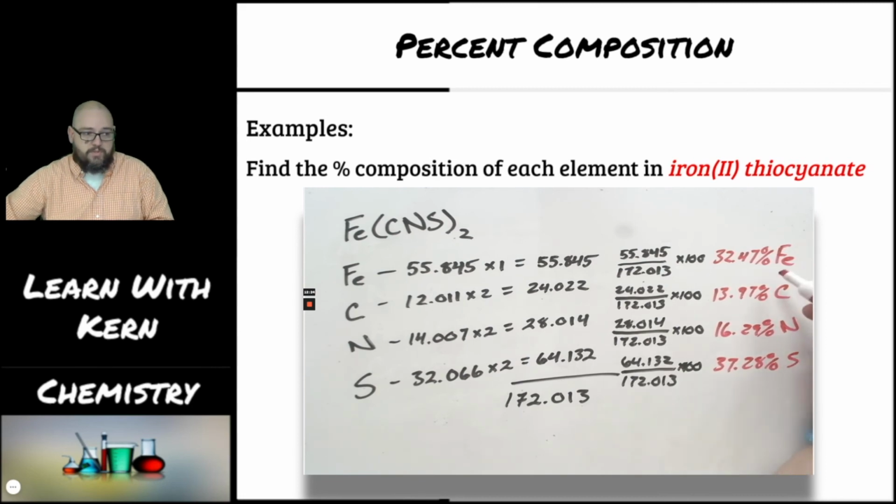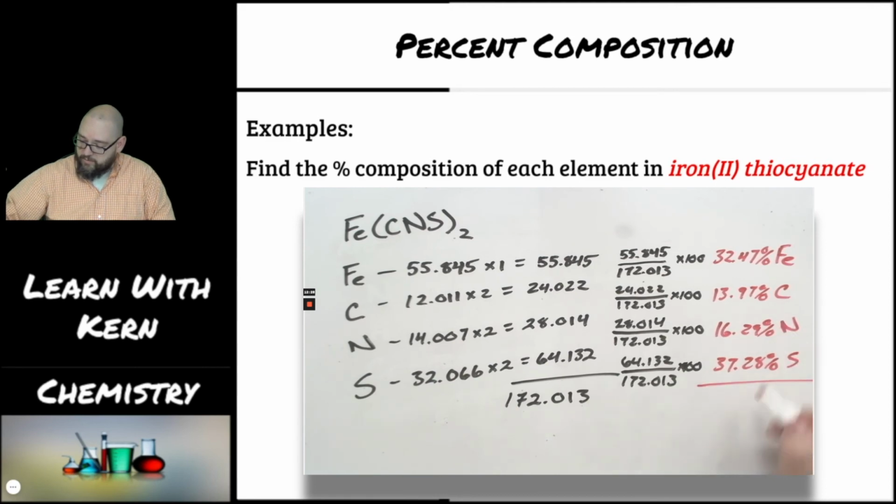So this is my total percent composition of each element. Now, if I add these together, my total percentage there is 100.01. So that is, of course, really close to 100. And so we have an answer that is pretty much what we need.